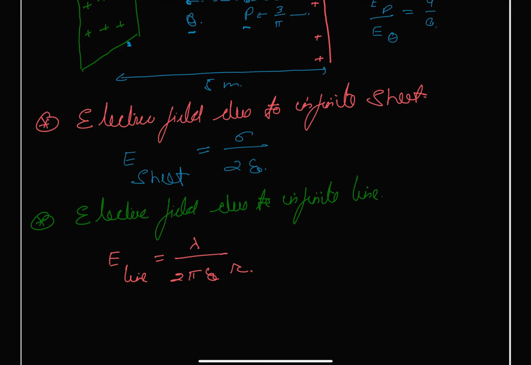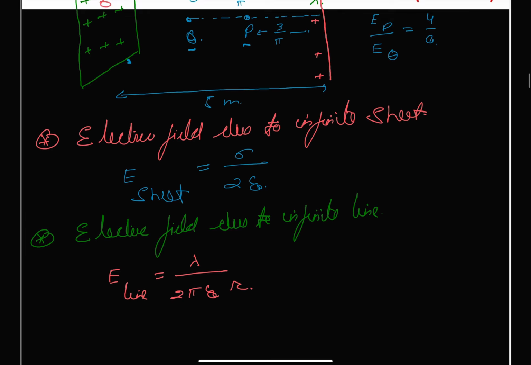And direction wise, this sheet is going to have a direction away from the sheet, or we can say towards the line. So we can say its direction will be toward the line, or we can say toward the right side.